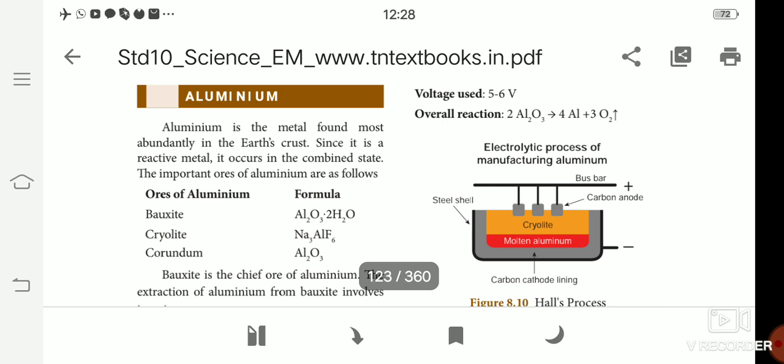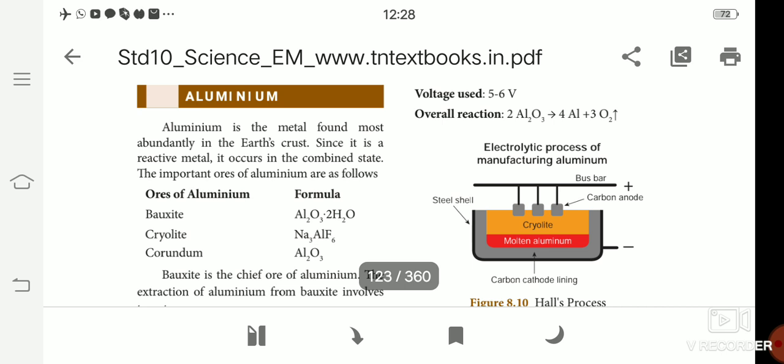Then the reaction with acids, like hydrochloric acid, sulfuric acid and nitric acid. Hydrochloric acid is HCl, sulfuric acid is H2SO4 and nitric acid is HNO3. The first reaction is with hydrochloric acid: aluminium reacts with hydrochloric acid to give aluminium chloride.